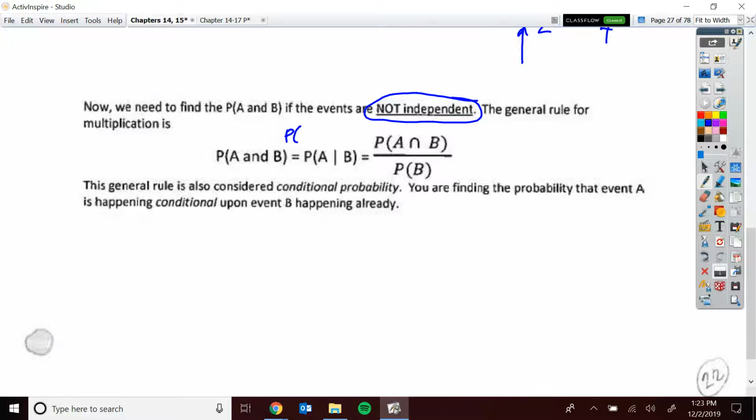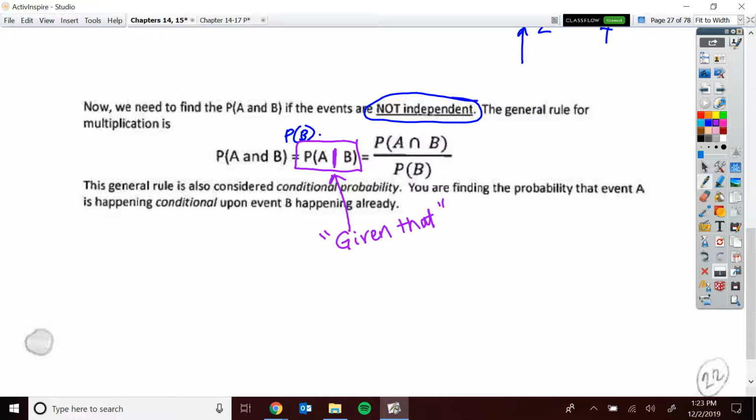So the general rule for this multiplication, and this actually is not quite right, I need to go like the probability of B times, but we're going to actually just take a look at what this means, okay? Starting with what the heck does this vertical line mean? What this vertical line says, and the way you would read it, is "given that." So you would say, what's the probability that A happens given that B is happening?